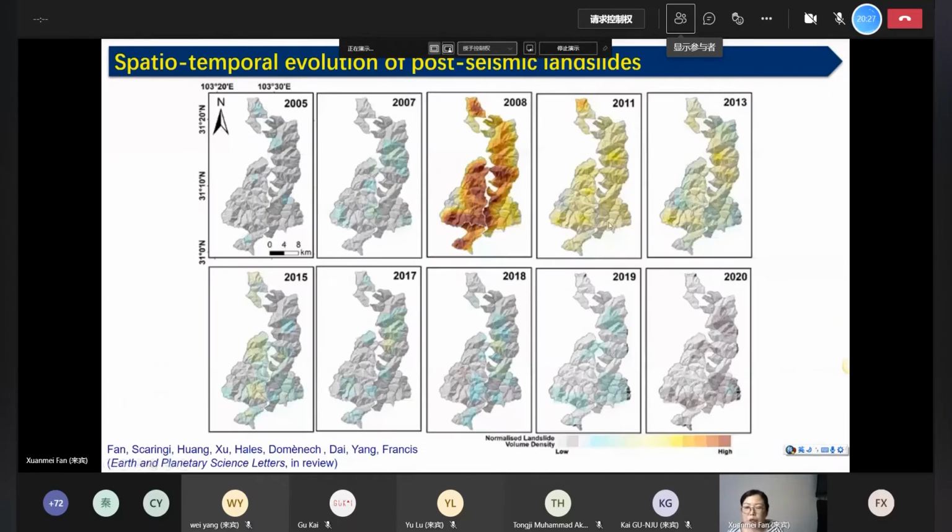If I plot all this inventory as a point density and volume density, you can see that before the earthquake, this region had quite low landslide density, and this is the co-seismic, earthquake-induced landslide density. After that, the density decreases, and by 2020 the density values seem to have already returned to the pre-earthquake level.